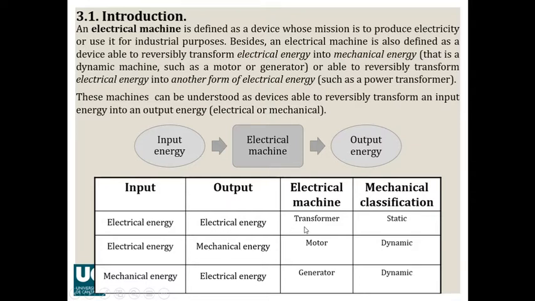A typical use for transformers is to change the voltage, for example, from medium to high voltage after the generation of electrical energy and for its transmission at high voltage, minimizing then the electrical losses, or, for example, from medium voltage to low voltage for the distribution of electrical energy and the consumption of electrical energy at consumption points. The transformer is a static electrical machine because this machine does not have moving parts.